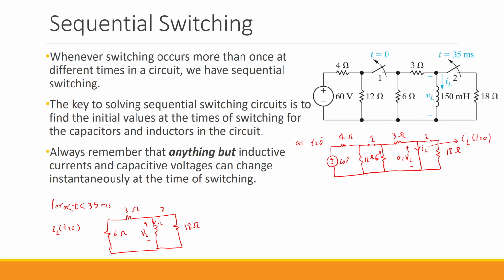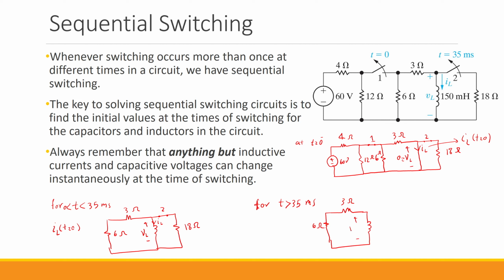But we know that at time equal 35 milliseconds, this switch would open as well. So for any time greater than 35 milliseconds, the equivalent circuit is going to include the 3 ohm, the 6 ohm, and the inductor.